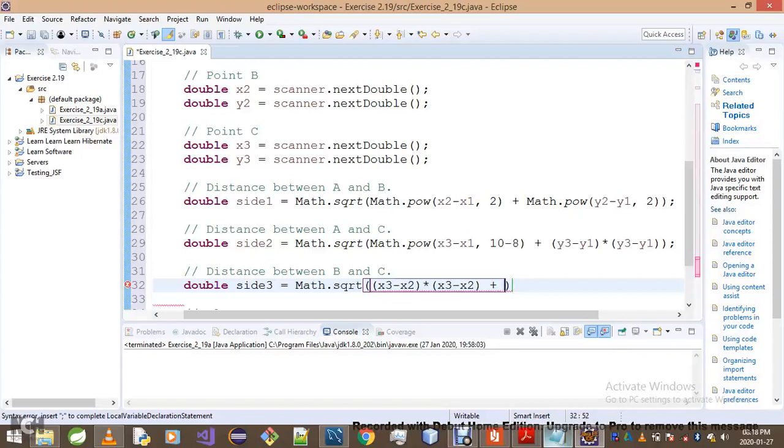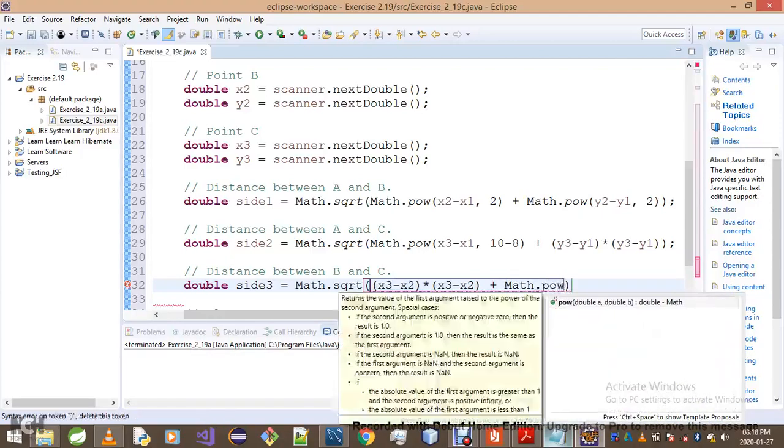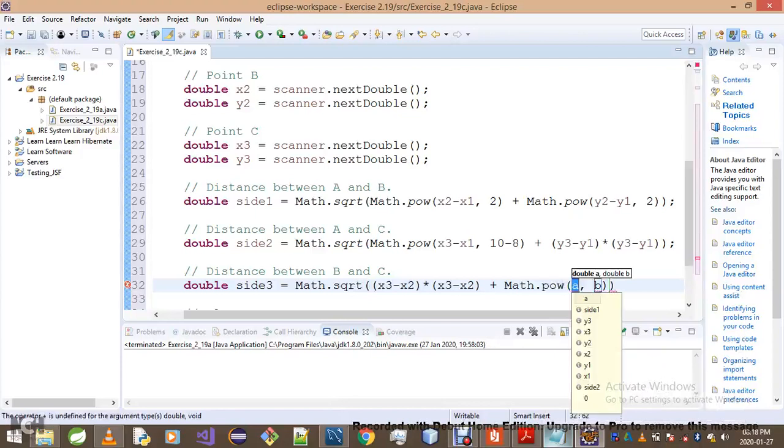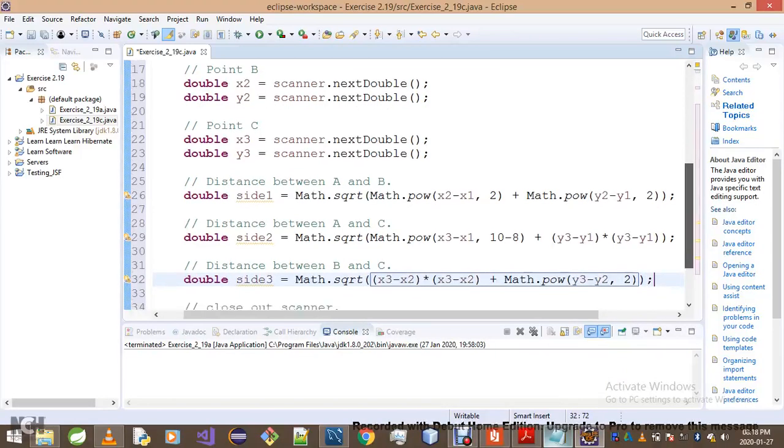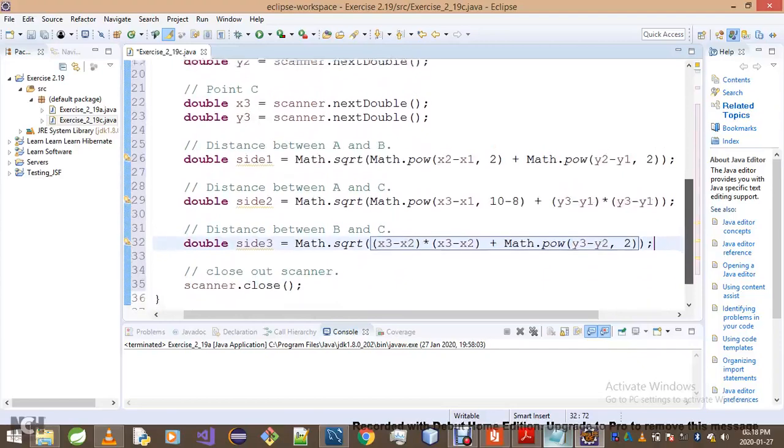What we then do, we just go dot power, and here we put y3 minus y2. y3 minus y2, we square that. Of course, you gotta put a semicolon to end our statement.